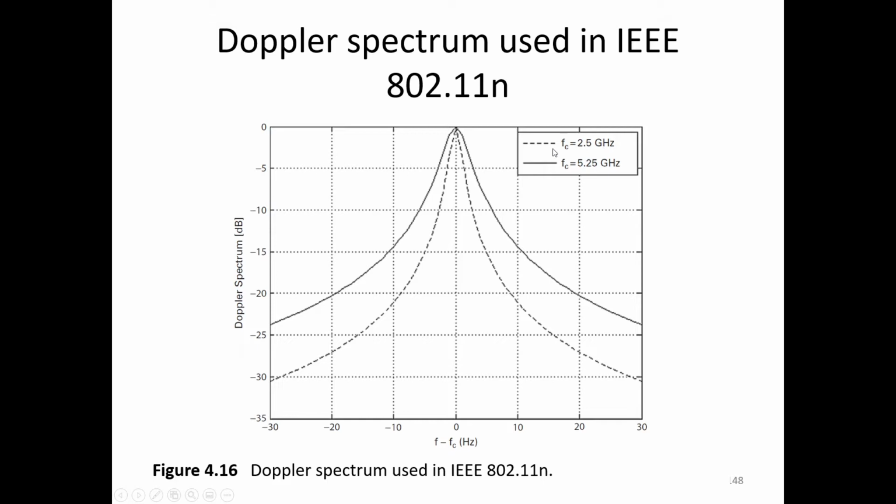2.5 GHz. Okay, this curve. And the solid line is for Fc being equal to 5.25 GHz. Okay, this curve.